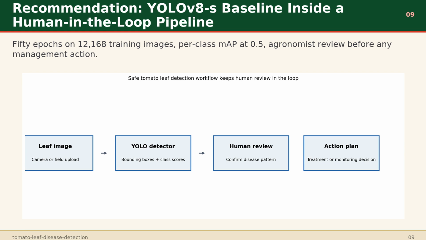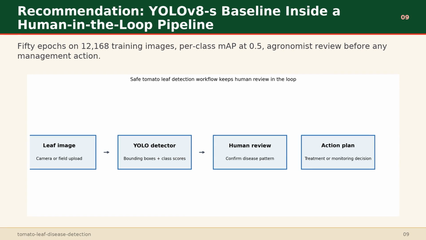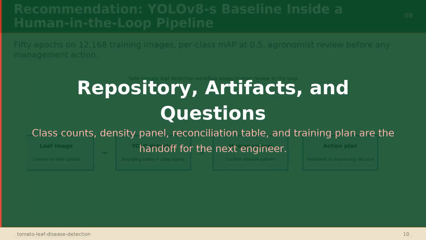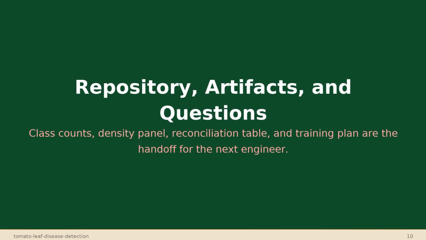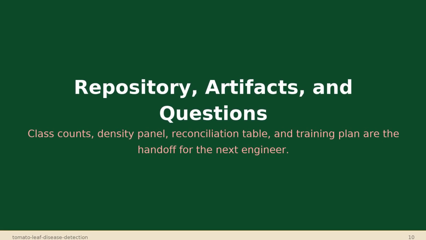The repository holds the Kaggle metadata audit, the file system inventory, the 16-image reconciliation, the per-class image and box counts with densities, the pipeline diagram, and the figures used across this presentation.